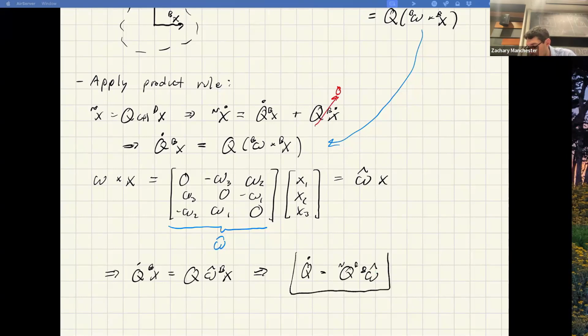So that's the result we want. And this is the magic equation that lets you integrate the gyro. So now I have an ODE for Q of t, given Q naught, initial conditions, and given omega of t, the time history of omegas. Now I have an equation that I can plug into RK4 or whatever and integrate up to get Q of t.